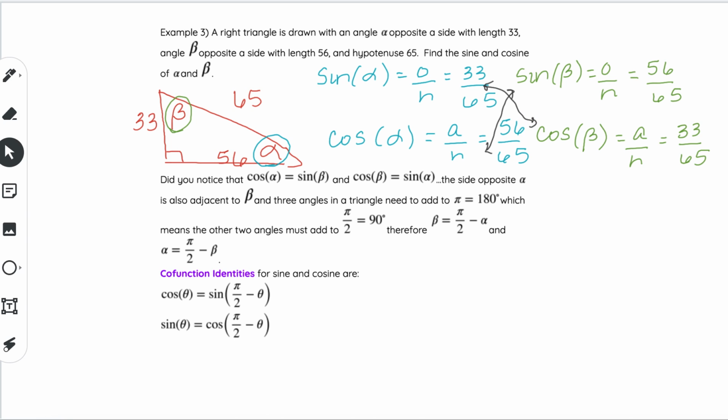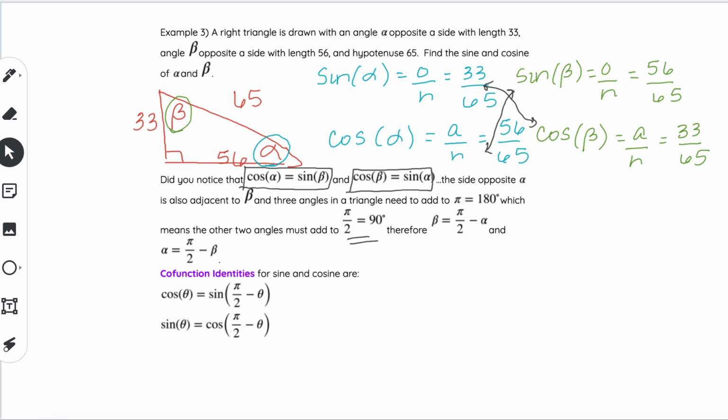We just found and saw two different examples where cosine of alpha, sine of beta, and their opposites are the exact same. This is because we know we need a triangle to add to 180 degrees, which means that regardless of what the other two angles are, we would have to subtract either the alpha or the beta from 90 degrees. 90 degrees again is the same as pi over 2, which leads us to cofunction identities, sine and cosine.